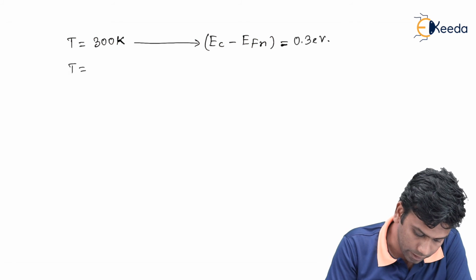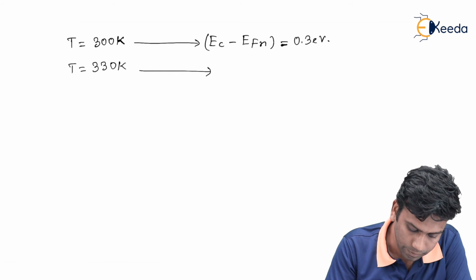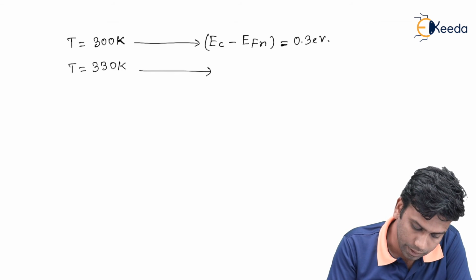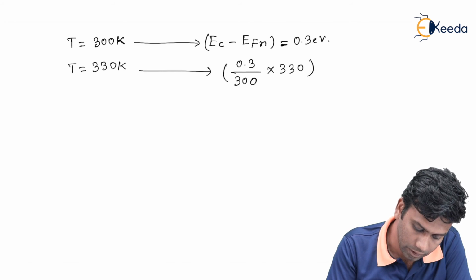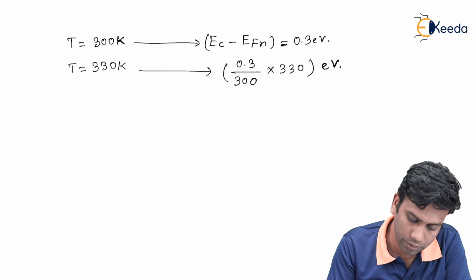So at T equals 330 K, it will be 0.3 divided by 300 into 330 electron volt.